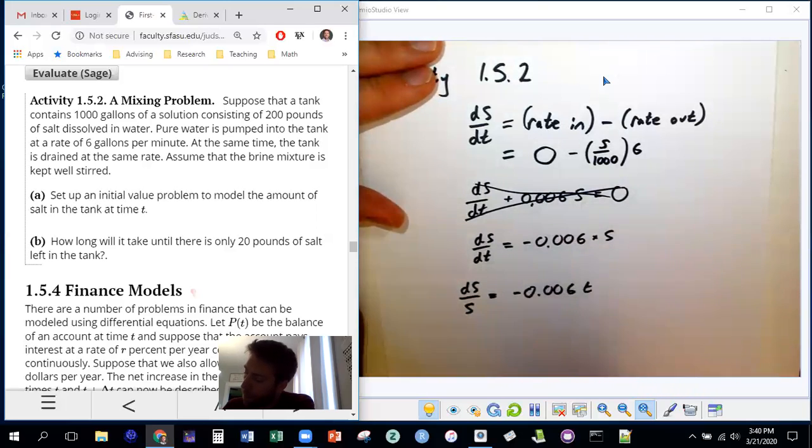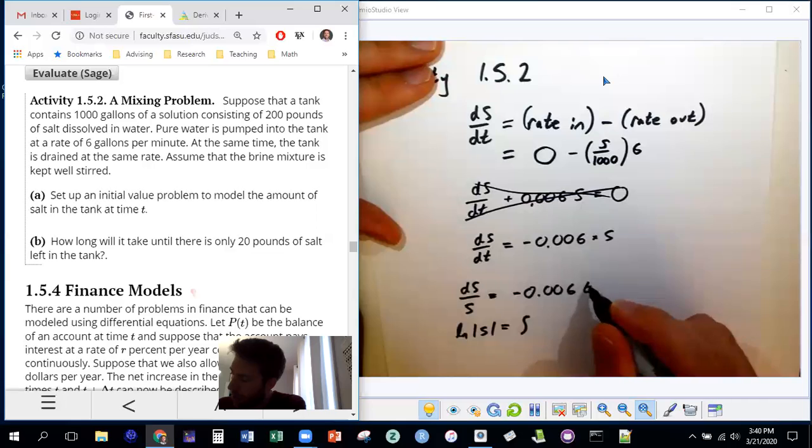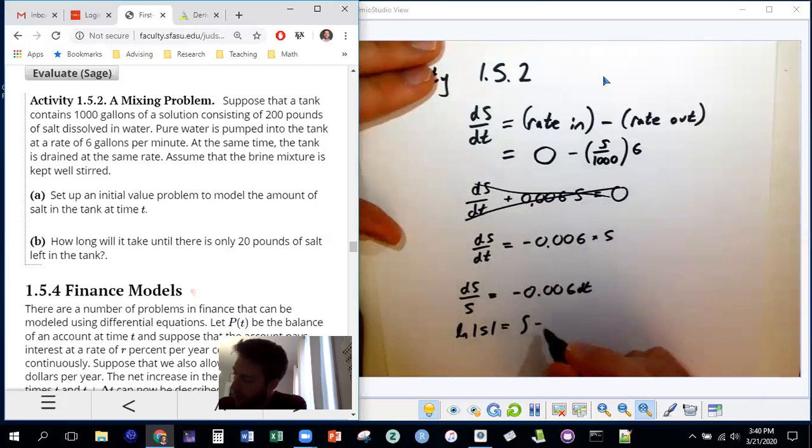Well, that means that the natural log of S equals the integral of, no, there's no t there, it's dt. Integral of negative 0.006 dt.